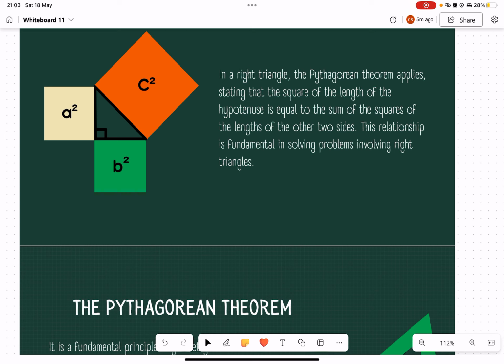This relationship is fundamental in solving problems involving right-angled triangles. So Pythagoras says this, guys: if we have a right-angled triangle here, c squared, which is this length squared, will be the same as b squared plus a squared. Awesome. Now let's proceed.